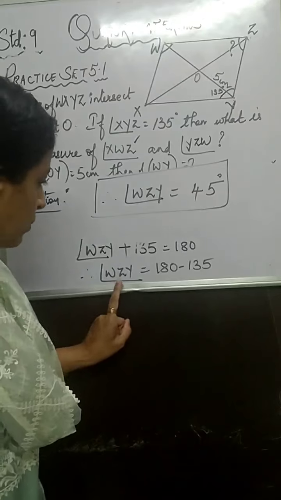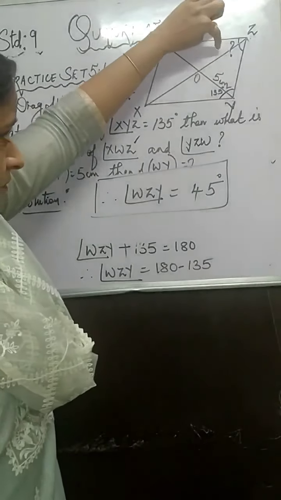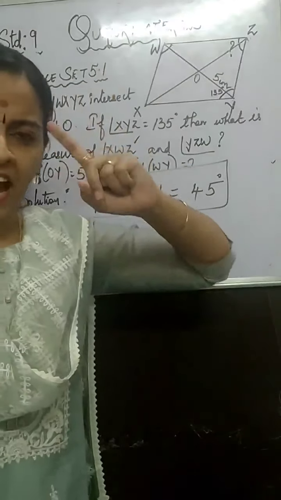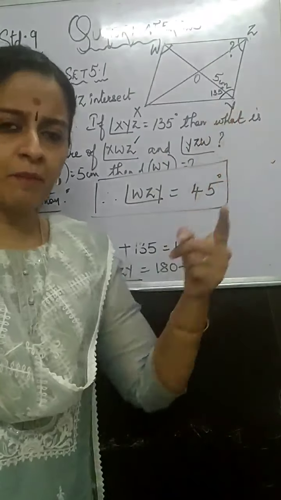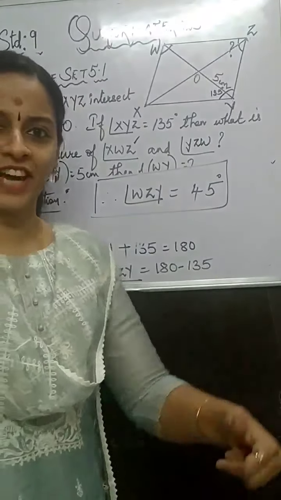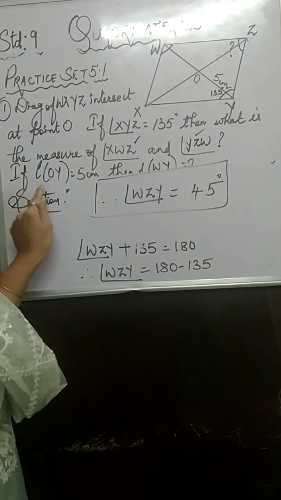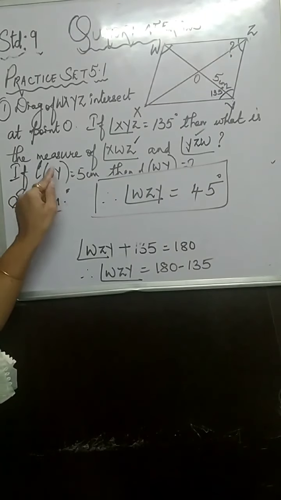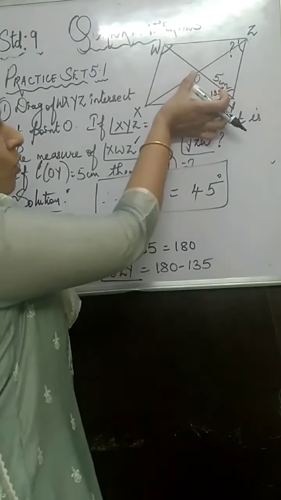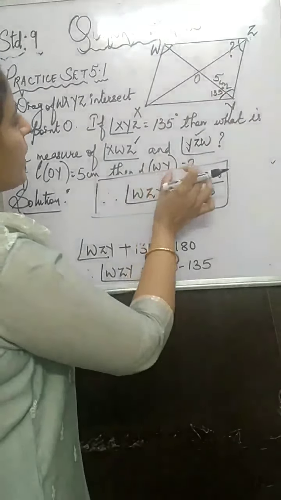So you got WZY is equal to 45 degrees. Now add and see: 135 plus 45, 180, you are getting? That means our answer is correct. So very simple, these two are both over. Now the last question is, if the length of OY is 5, this OY, part of a diagonal, then what will be WY?